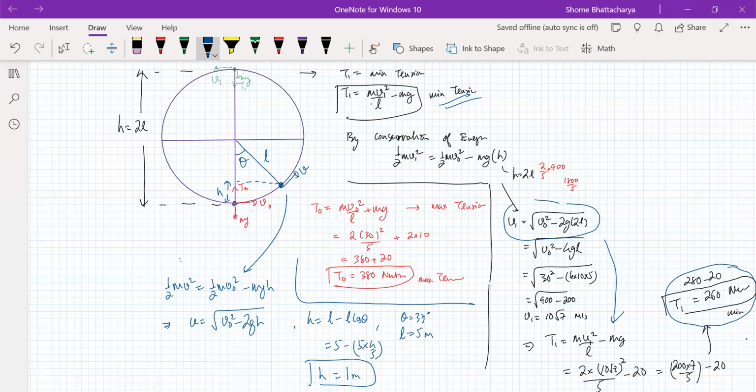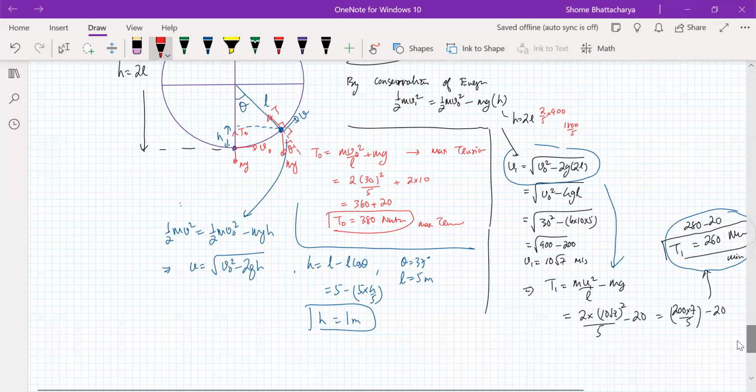By conservation of energy, we are first finding V at this point, so that now we can find the power delivered by mg and tension. You can see that tension is perpendicular to velocity, so power delivered will be 0, but mg is like this. So the angle that mg makes with velocity is 90 plus theta. We'll use that for the power, but for that, we first need to find the velocity in magnitude.